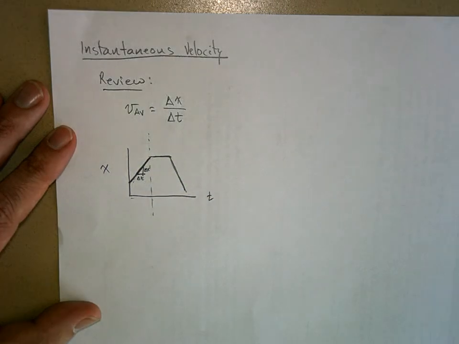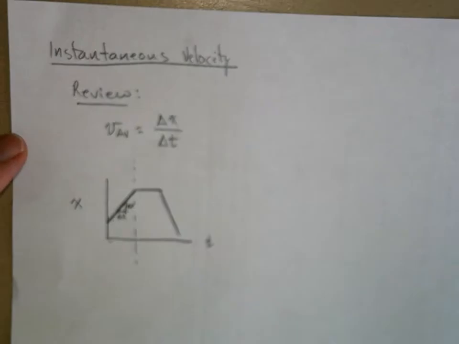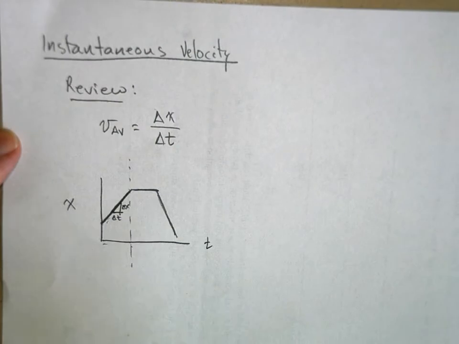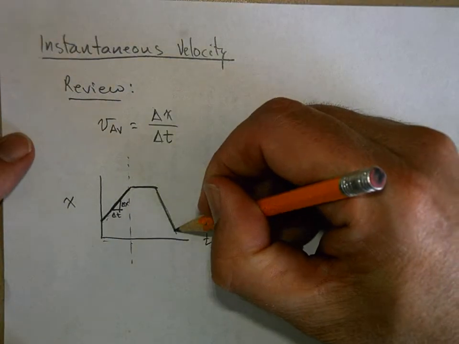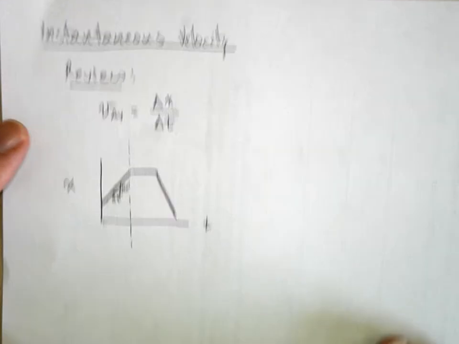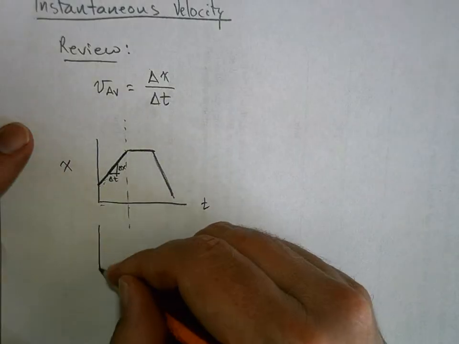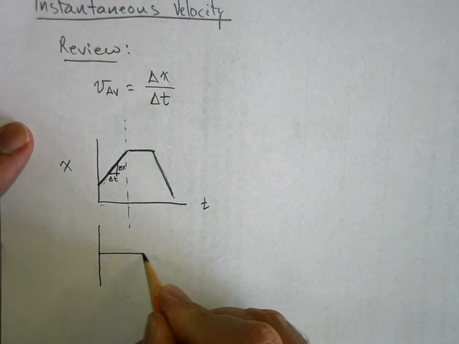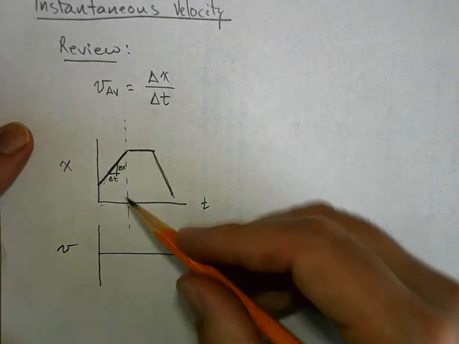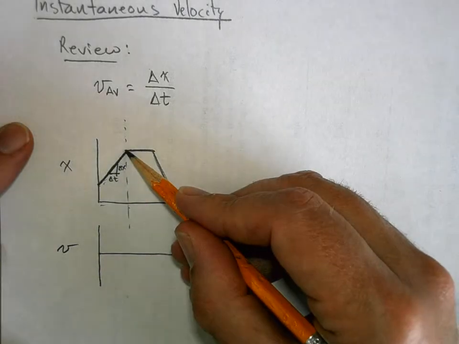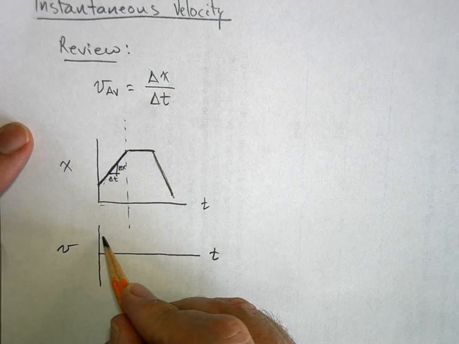Okay, let me zoom in so you can see what I'm writing. So we just took a little slope here. And then we saw, oh, the slope here is 0, and here the slope is negative. So we could draw a velocity versus time graph, right? And we say, oh, okay, right here, the velocity is positive.